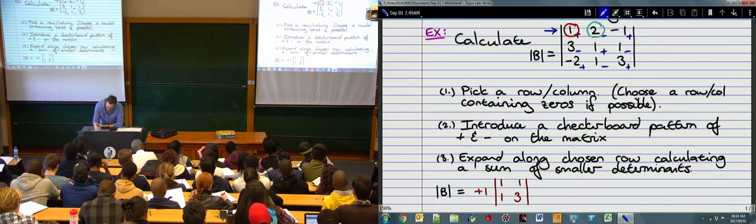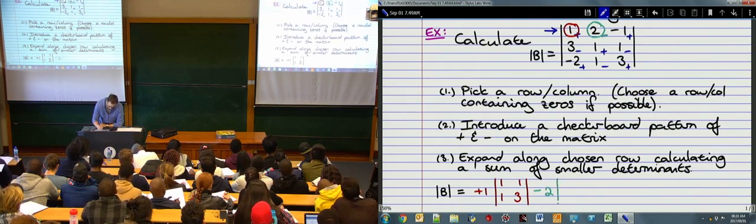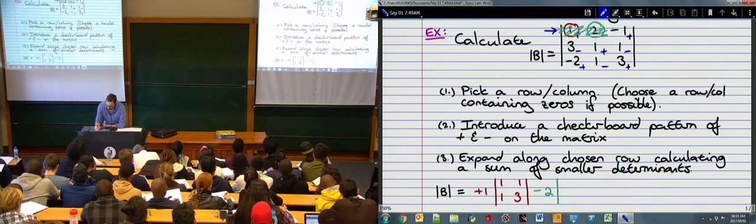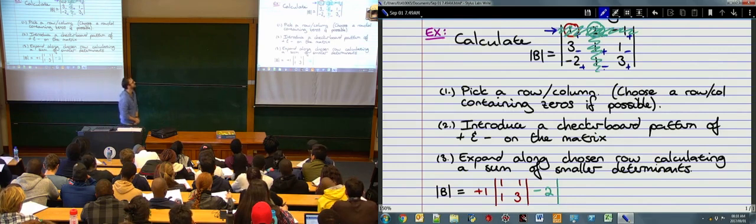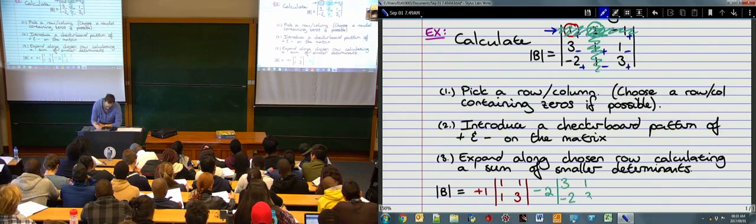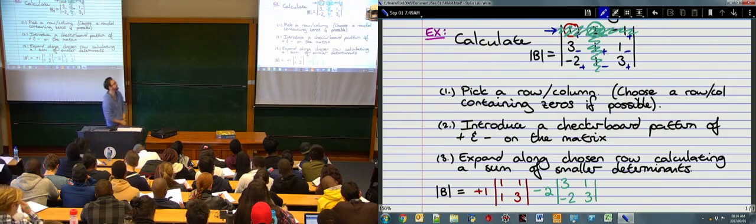So we've got this over here. So this had a minus, so we write down minus 2. And this will be multiplied by the determinant of a smaller matrix. And the smaller matrix that we look at, well, we pretend that this row and this column don't exist. So then it would be 3, 1, minus 2, 3.